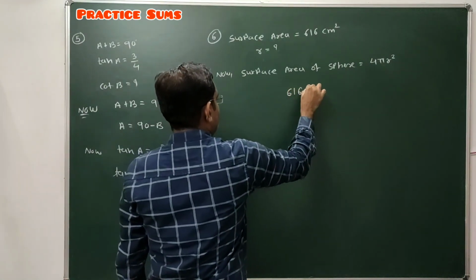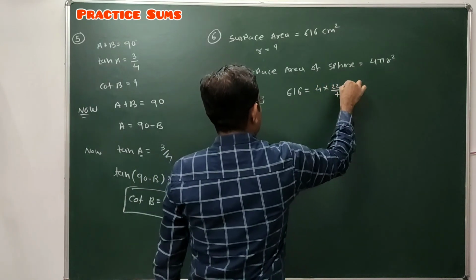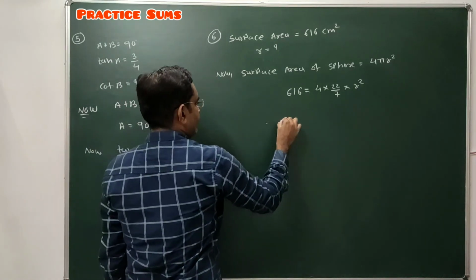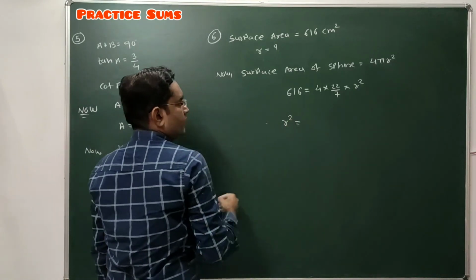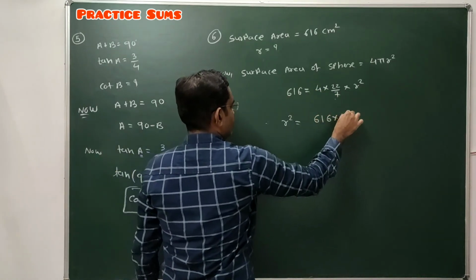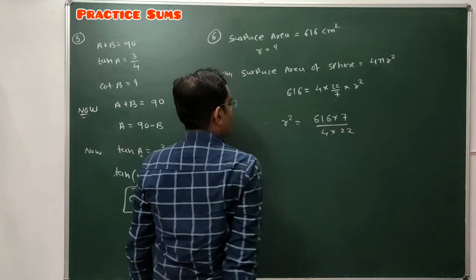Surface area of sphere is 616, 4 pi r square. Value of pi is 22/7 and radius is r. So here we have to find the value of r square. So r square equal to, this 7 will go into multiplication. It's a 616 into 7 divided by 4 into 22.